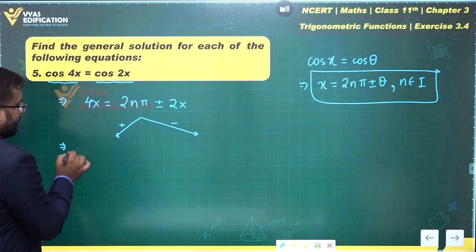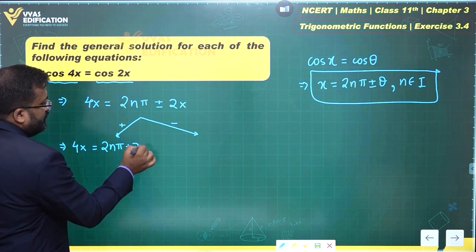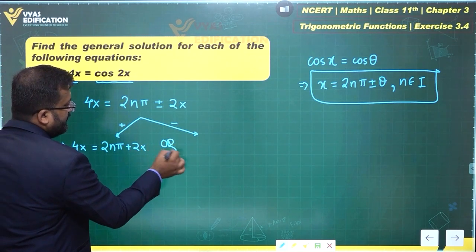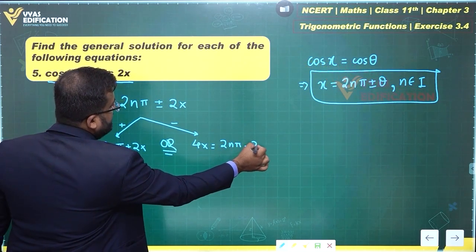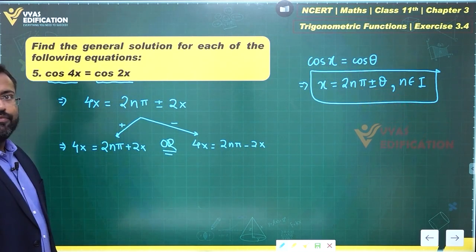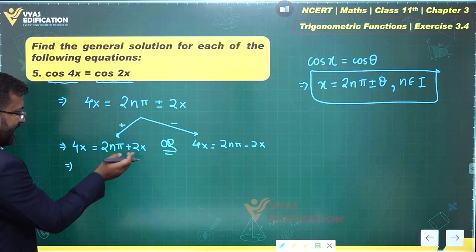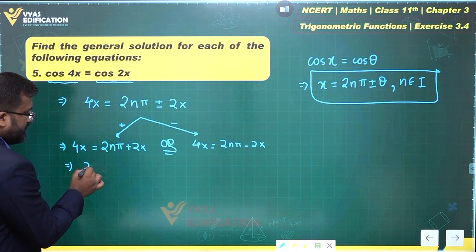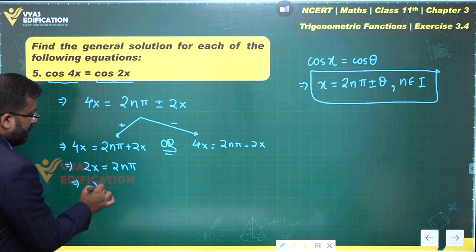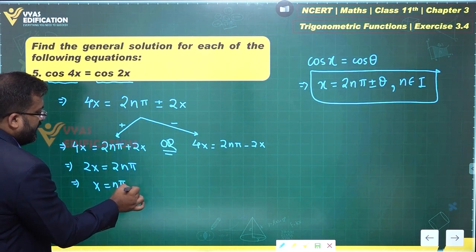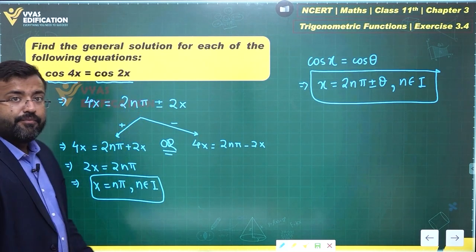Let's write it as, this implies 4x is equal to 2n pi plus 2x, or 4x is equal to 2n pi minus 2x. This is what you have, right? Once you have this clear, then you can simplify this by bringing this 2x over here. This will become 2x is equal to 2n pi, or x will be equal to n pi. Obviously, n belongs to integer in this case, right?